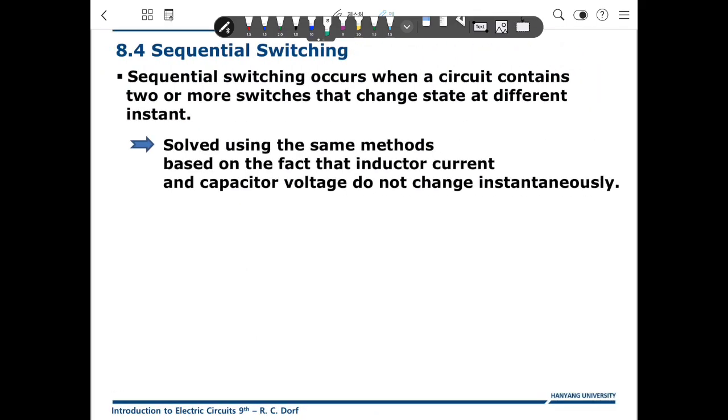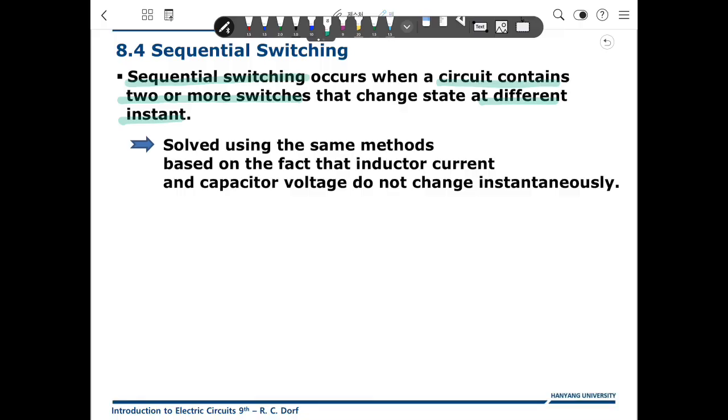Okay, next we will discuss sequential switchings. It's not difficult. It's simple. But it looks more complicated because one circuit contains not only one but two or more switches that change state at different instants. That is called sequential switching.